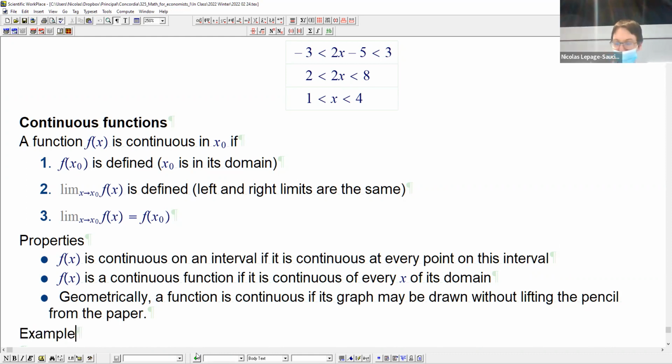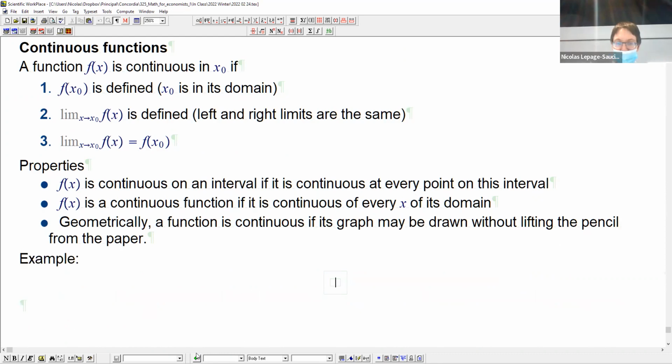Example. If I have f of x equals x^4 plus x^2 minus 4x plus 4, is that continuous?